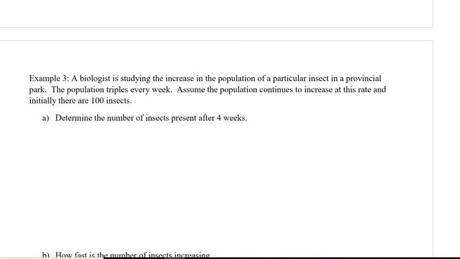So first of all, let's try and make our equation. So let's set some variables here. Let P represent the population of this insect, and let T represent time, and let's say in weeks, just to be specific.